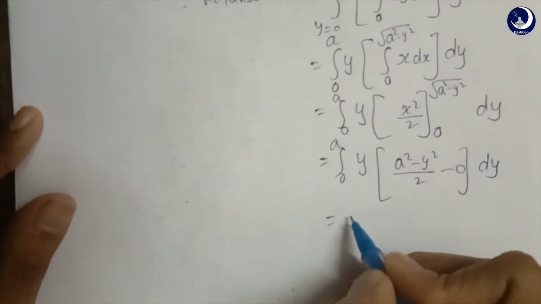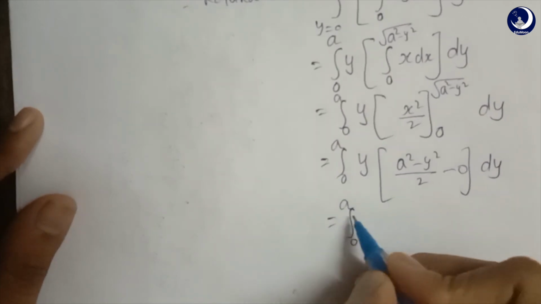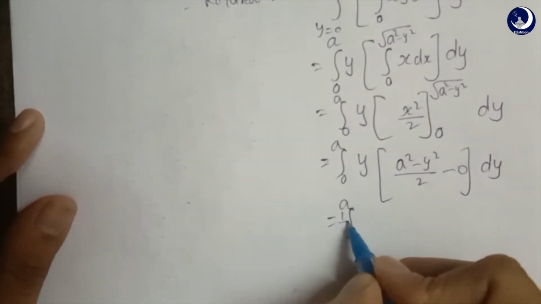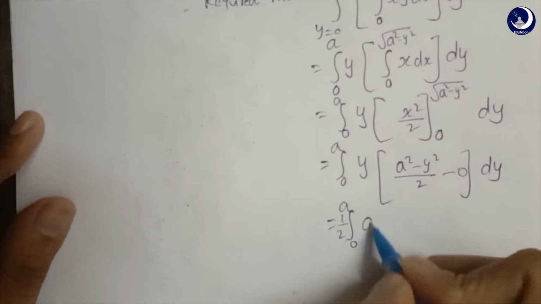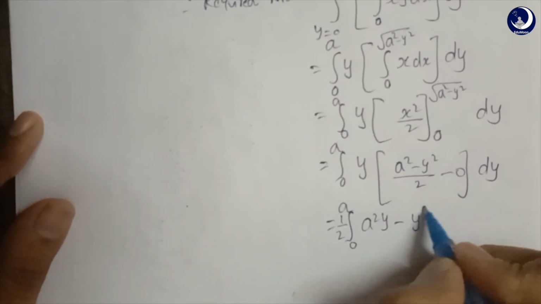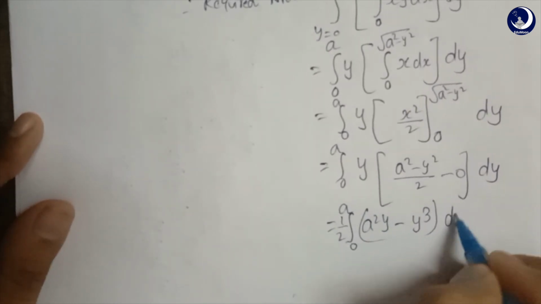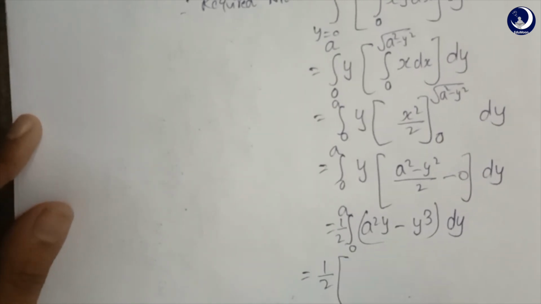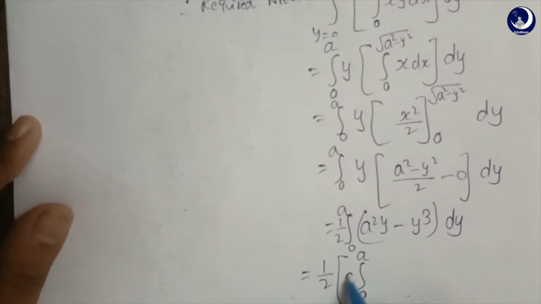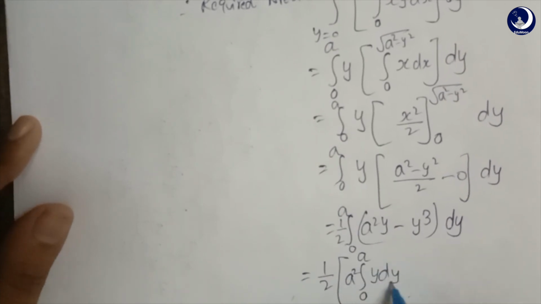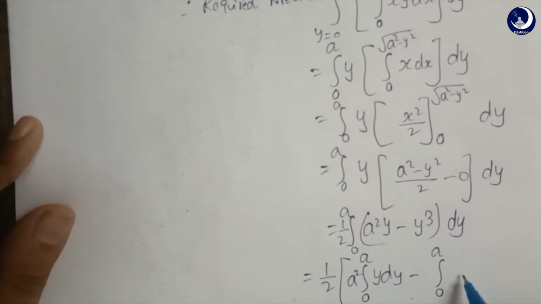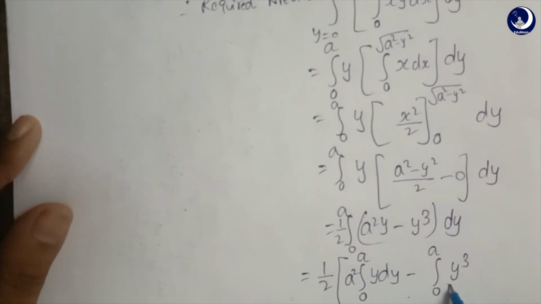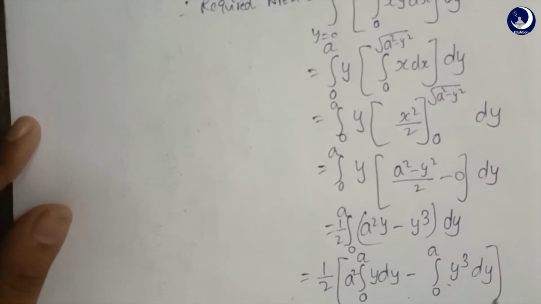So here we get integral 0 to a, with the constant 1 by 2 outside, a square into y minus y cube into dy. Now split this into integral 0 to a, a square into y dy, minus integral 0 to a, y cube into dy.